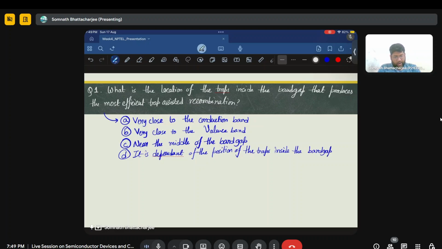And also to add, there are a few assumptions as well. Minority carrier lifetimes of holes and electrons are equal. So which will be the correct one, and why? I'll give 2 minutes to think about it, and you can answer me back.